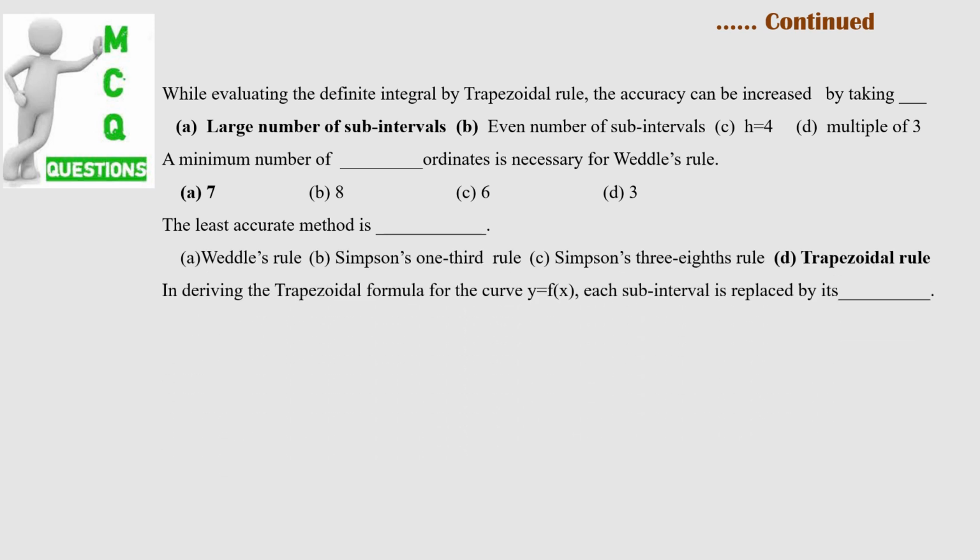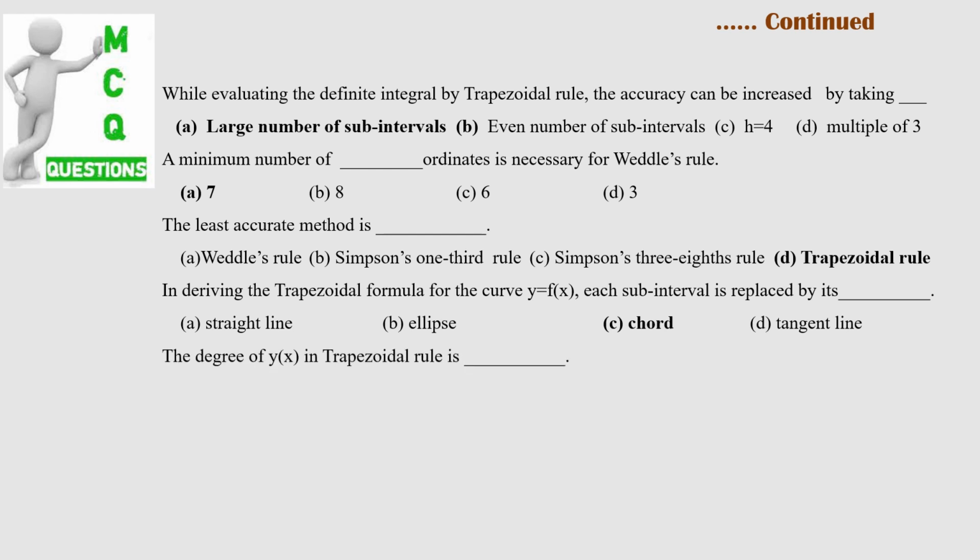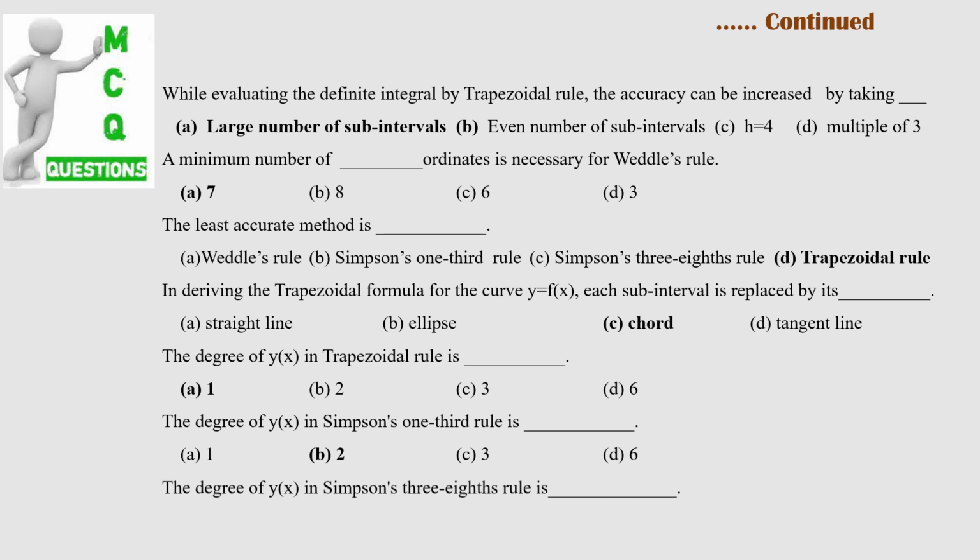In deriving the trapezoidal formula for the curve y equal to f of x, each subinterval is replaced by its chord. The degree of y of x in trapezoidal rule is 1. The degree of y of x in Simpson's 1/3 rule is 2. The degree of y of x in Simpson's 3/8 rule is 3.